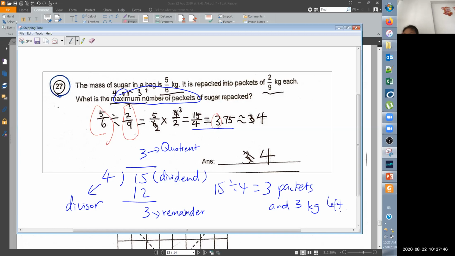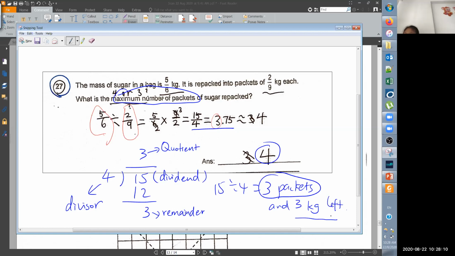Am I right? So now the question you ask yourself is, what is the maximum number of packets of sugar we pack? That means you only have 3 packets, right? How can it be 4? You can't have 4, right? You only have 3 kilogram left.